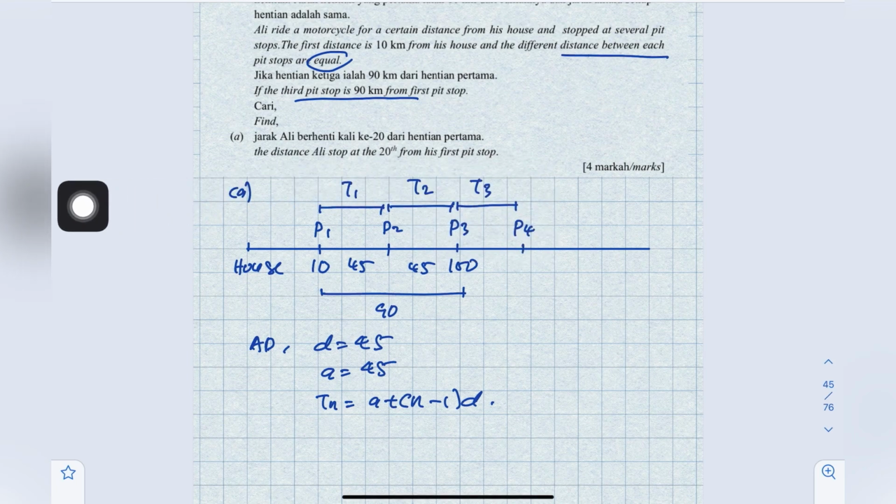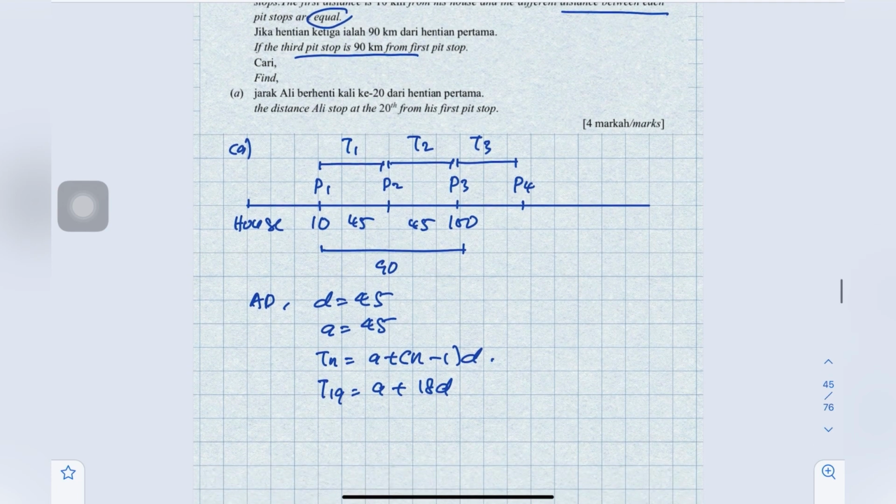So if we want to find the 20th, actually we find T19. So A plus 18D. We subtract 1 because it has already started here, T1 is here. Okay, so A is 45, this one 18, D is 45 as well. So the answer is 855.